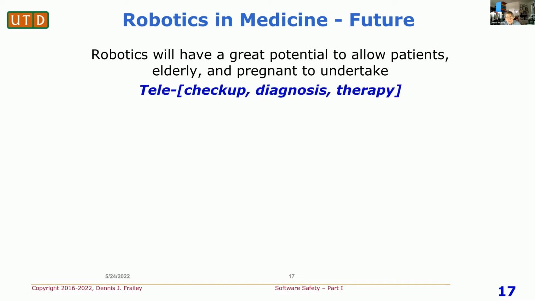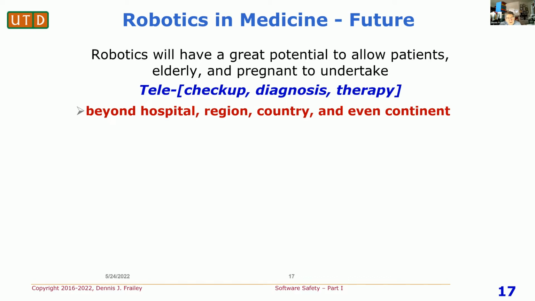For example, doing checkups, diagnosis, and even therapy remotely, like by Zoom, like we're doing this course today. Imagine an elderly patient or a pregnant person trying to not have to physically go to see the doctor because it's too much of an effort. Maybe they can do it all online.